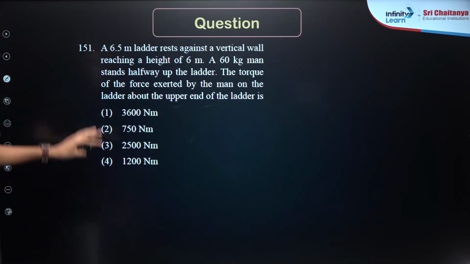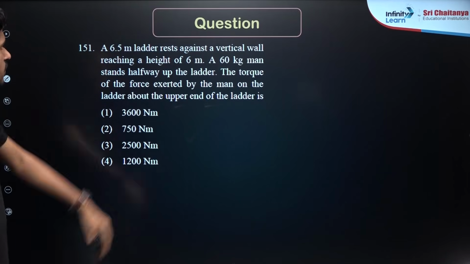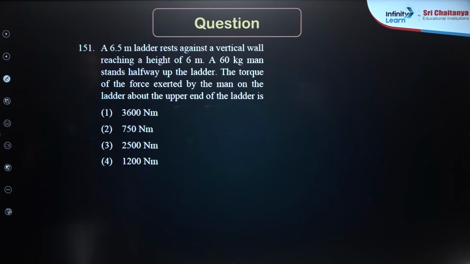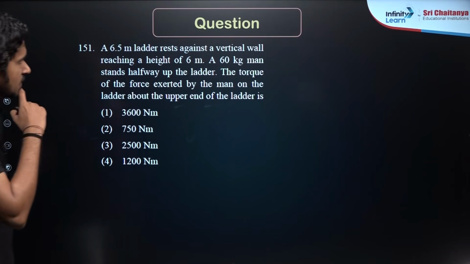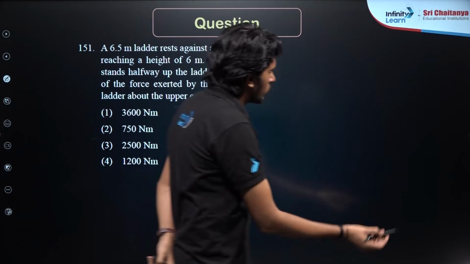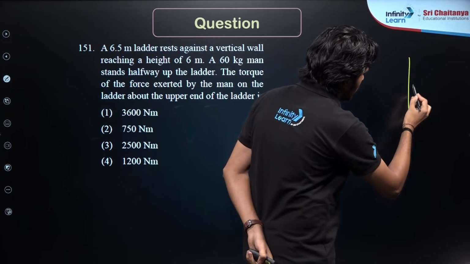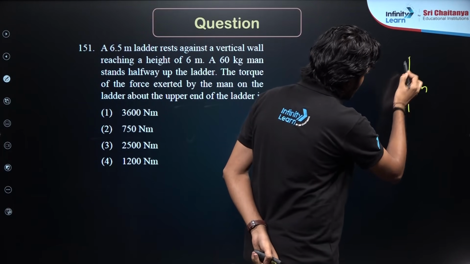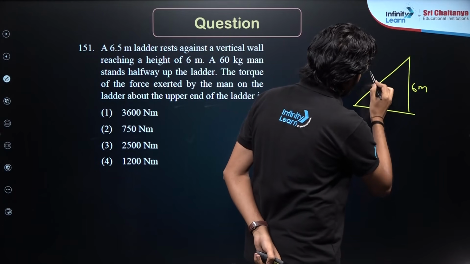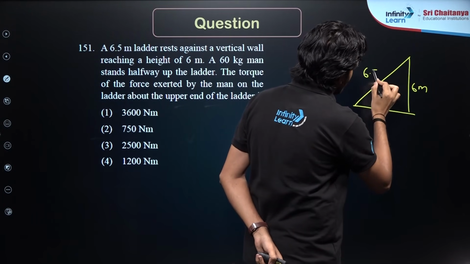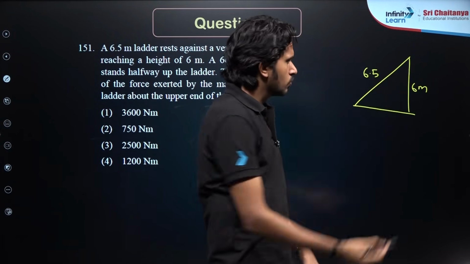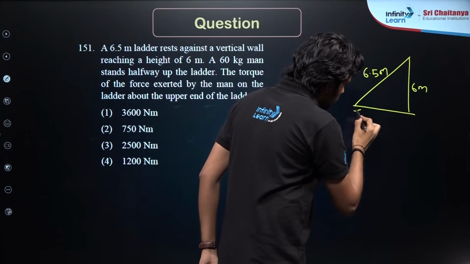Then a 6.5 meter ladder rests against a vertical wall reaching a height of 6 meter. Okay, so this height is 6 meter, a ladder is resting and it has a length of 6.5 meter. Okay, what will be this length?